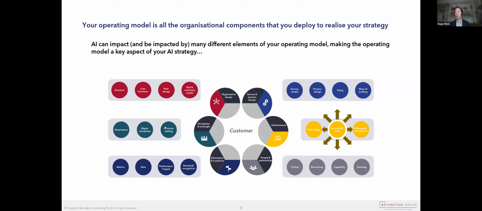So the other way to think about it: way one, you've got to build an operating model for AI, roles, processes, systems, but also AI will change your operating model, which will in due course change elements like structure. It will certainly change role design. It'll certainly change your workforce plan. It'll certainly change the way you think about data and the way you deploy technology. So it's worthwhile thinking about both of those.